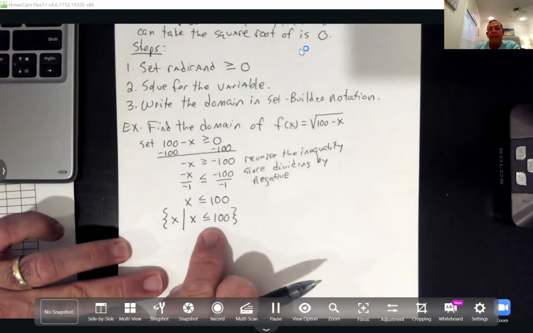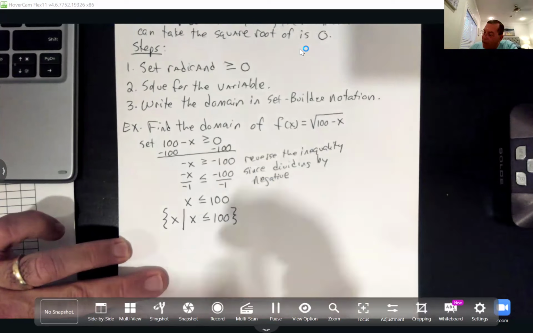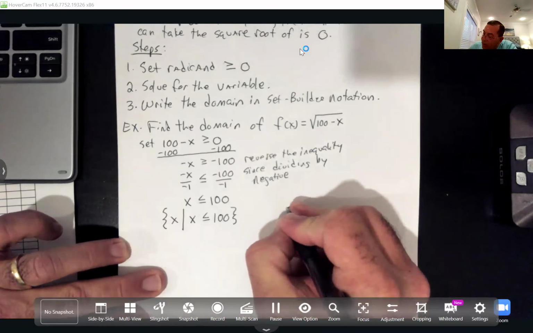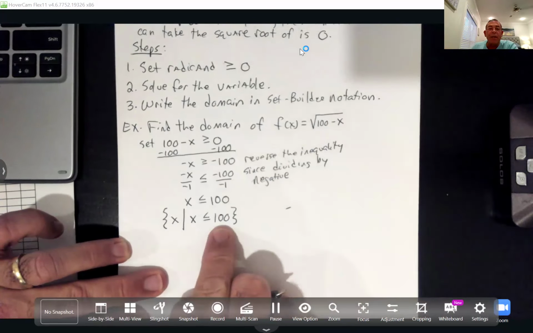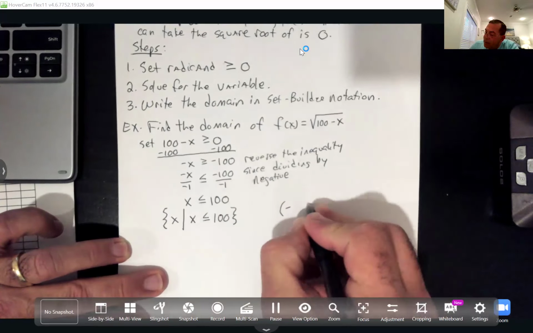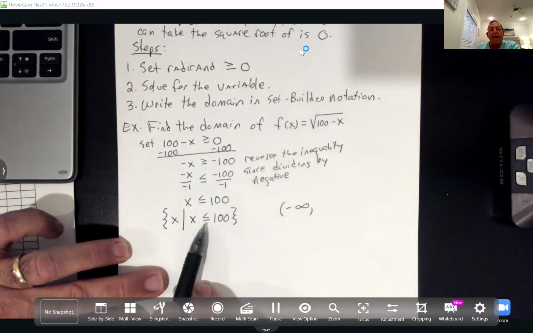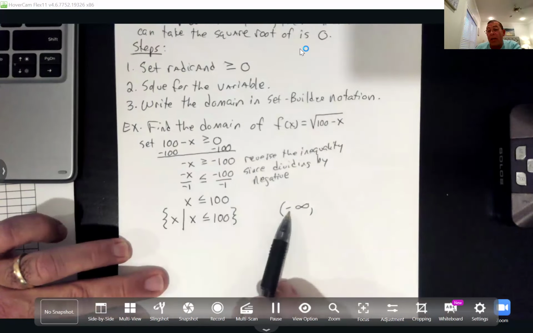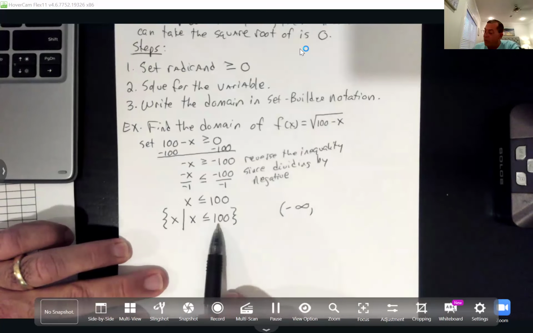So it includes the 100. So in interval notation, and remember, 100 is the biggest number it can be. So it's going to start at -infinity and go all the way up to that 100.